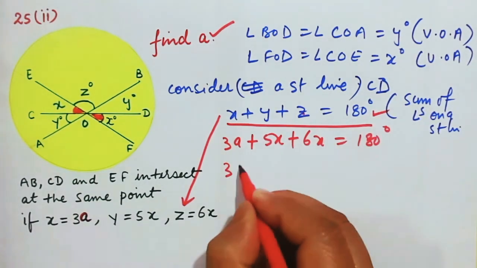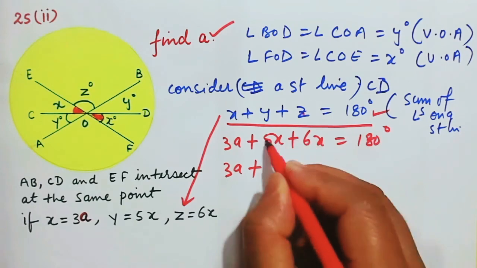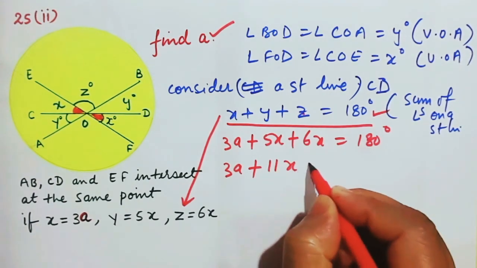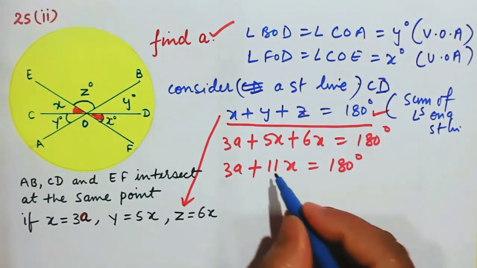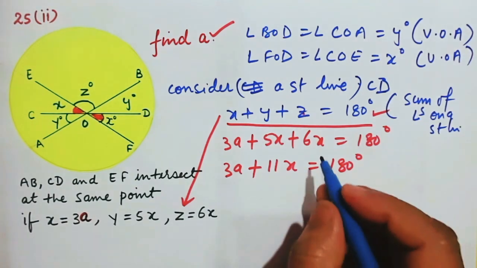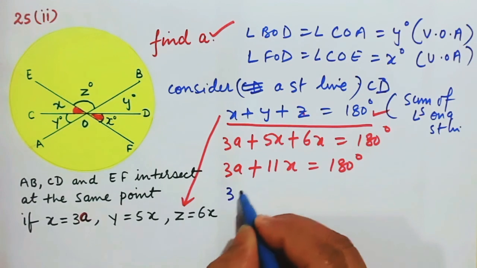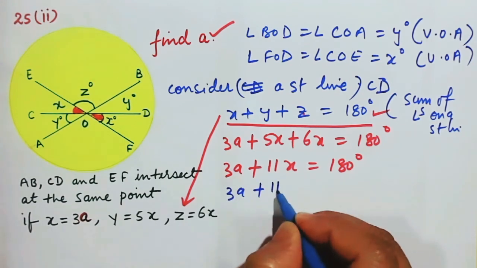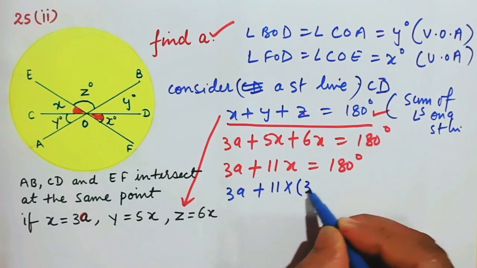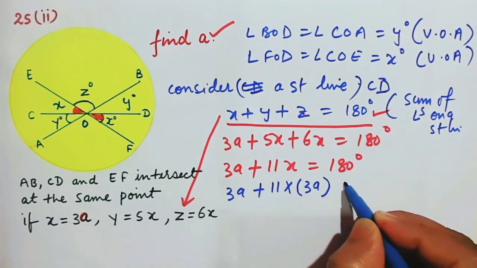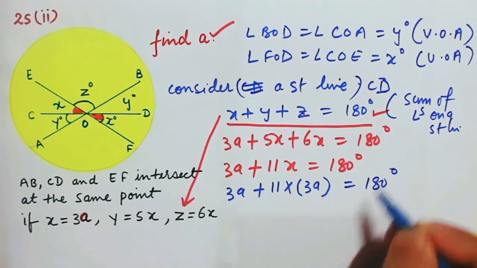Now 3a plus 6 plus 5, 11x is equal to 180 degree. What do you mean by 11x? 11x means 11 into x. This means 3a plus 11 into, what was the value of x? The value of x was 3a, is equal to 180 degree.